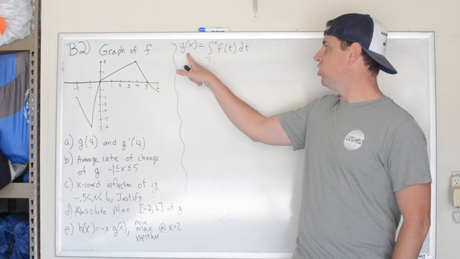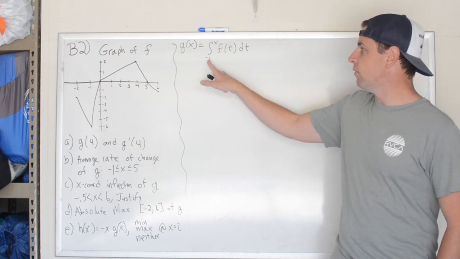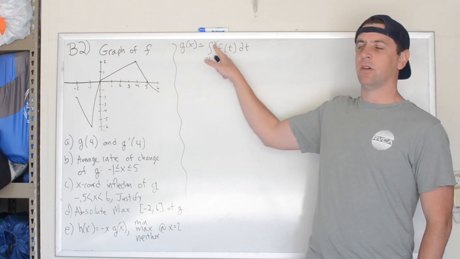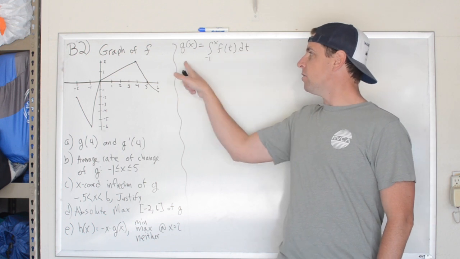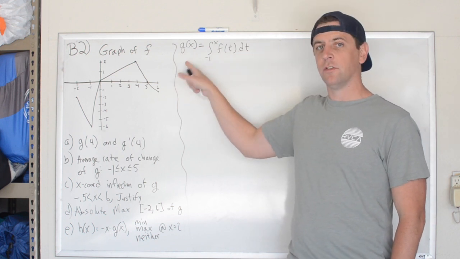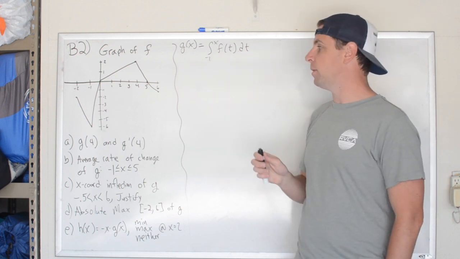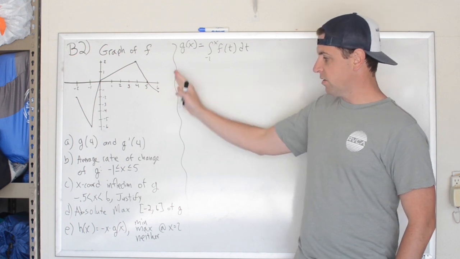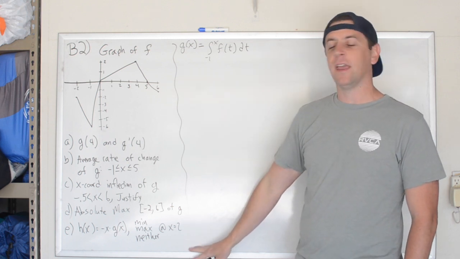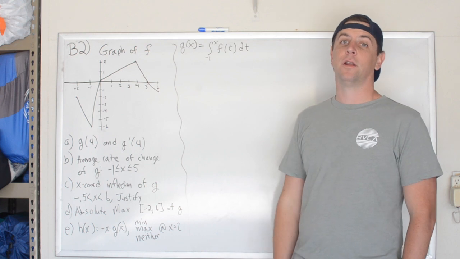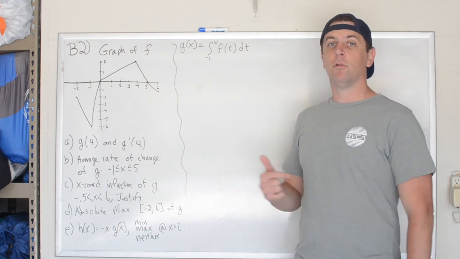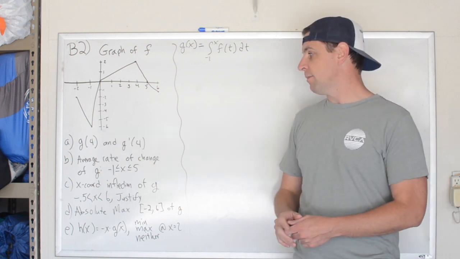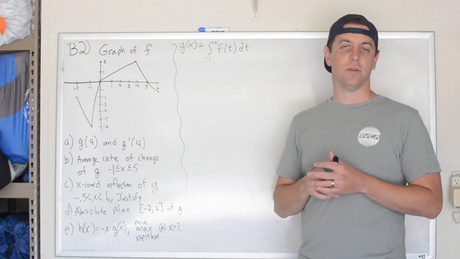They've defined g of x as the integral from -1 to x of f of t dt. This is our accumulation function, so if you go to your accumulation notes, that may be helpful there. And then they've asked us to do a big old plethora of things. We have A through E, so we've got 5 parts we're going to knock out today. We're going to work on first just doing one piece at a time as opposed to trying to explain all of the pieces at once.